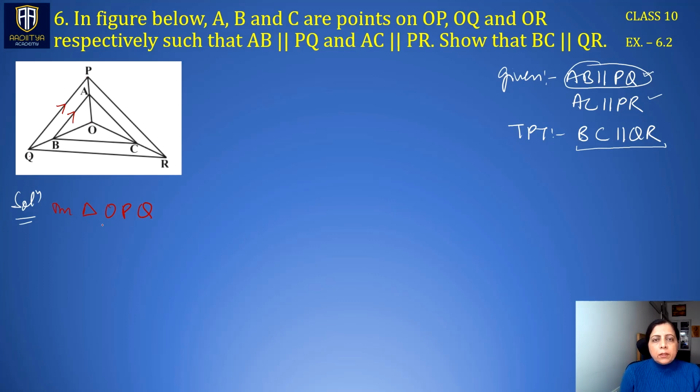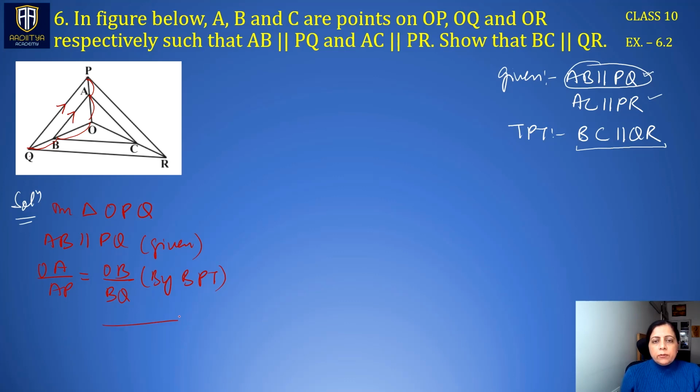In triangle OPQ, it is given that AB is parallel to PQ. You can write it as given. So now, if we apply BPT over here, OA upon AP is equal to OB upon BQ, right, by BPT.